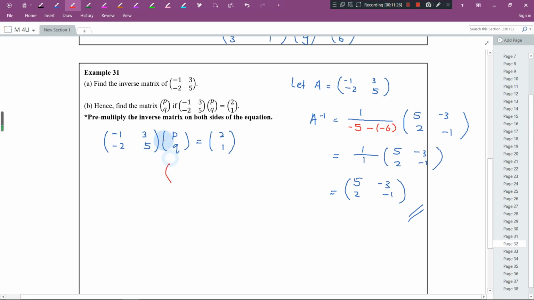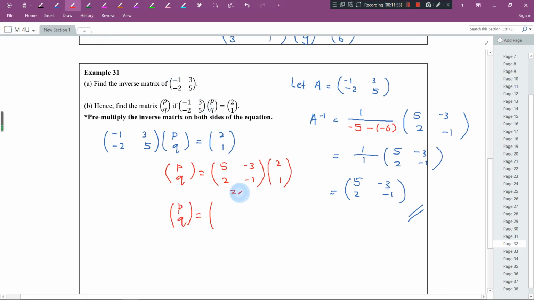I will just write PQ. And here I will write the inverse matrix of this matrix, which is 5, negative 3, 2, negative 1. And don't forget to copy this: 2, 1.